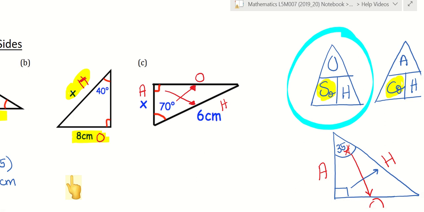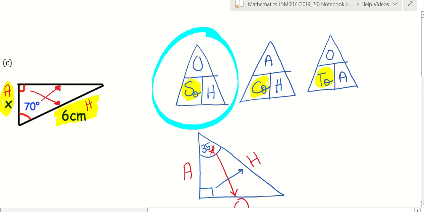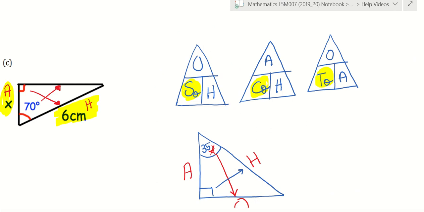Now we need H, which is the side we have measurements for, and of course we need to have the side we want, which is A. So I want A and H, and I do not need the O. Which one has A and H? You've probably guessed it. The one that has A and H is cos, the K.